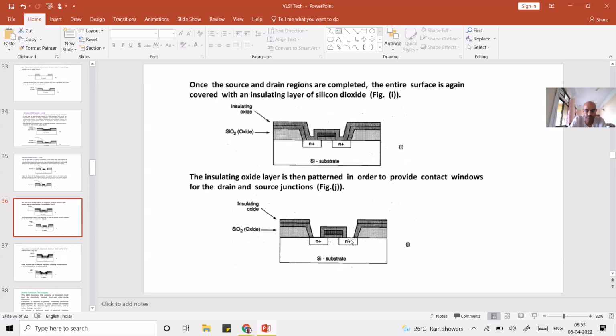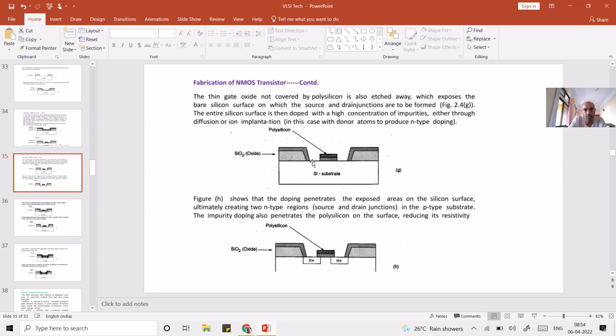So you protect the polysilicon as well. Then these windows are opened, and once these windows are opened, you have to form the metal contacts. This polysilicon gate is formed here.